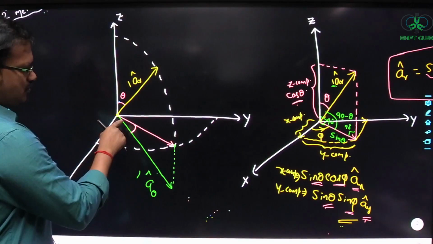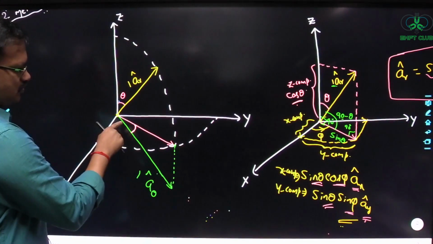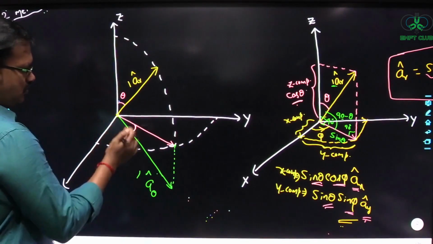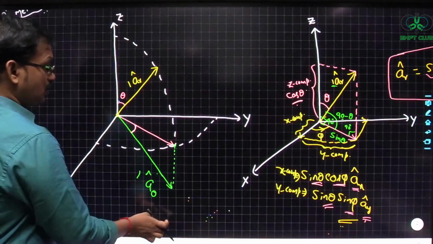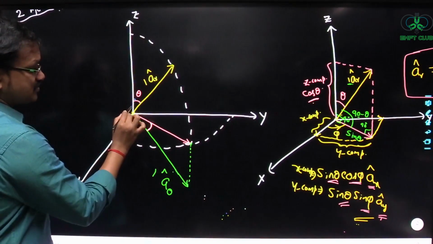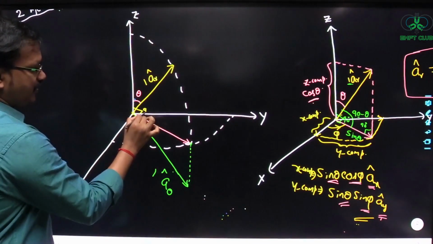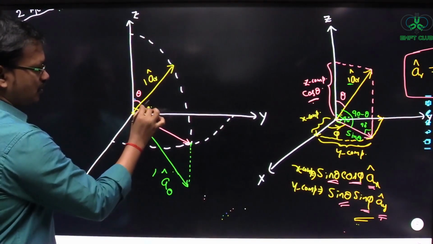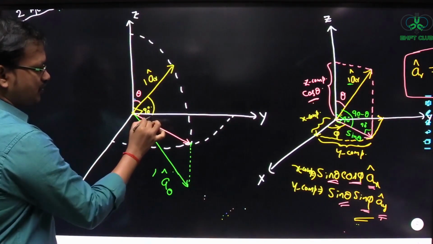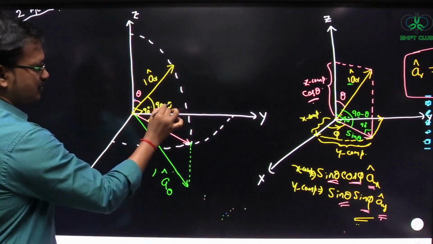See here, from the z axis to this one is nothing but 90 degrees, right? So from here to here, it will become 90 minus theta, right?